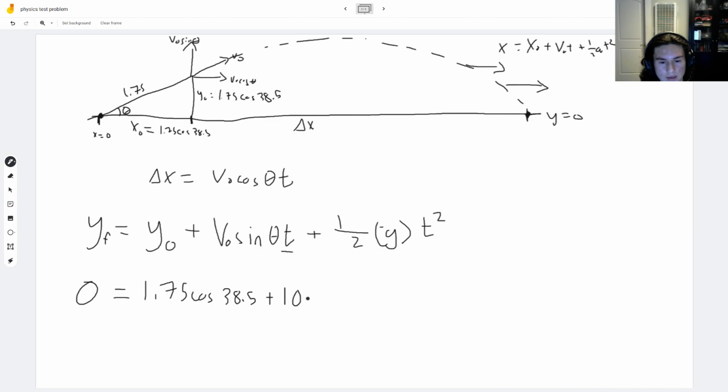The initial velocity is still the same, 10 meters per second, and we have sine of 38.5, because the angle is still the same. Then we have our t, which we're solving for, and then I'm going to put minus 4.9 t squared. Now I'm going to put this into a quadratic formula and solve that on my graphing calculator.